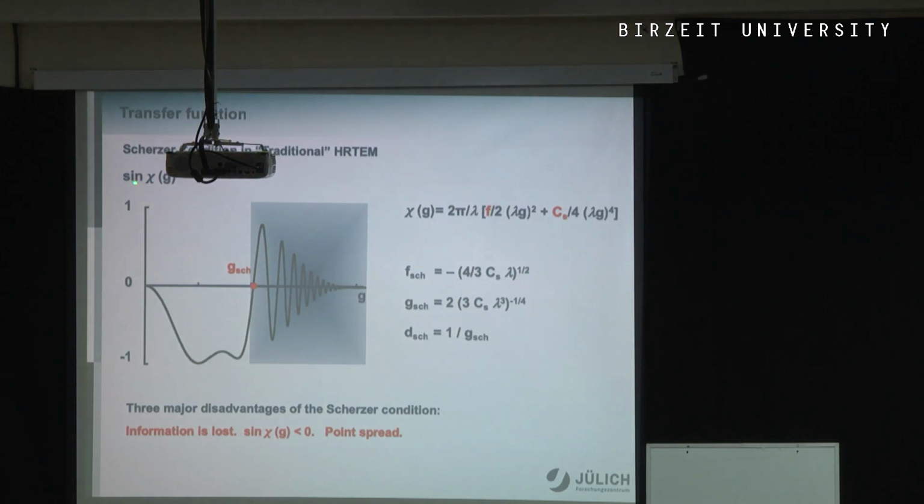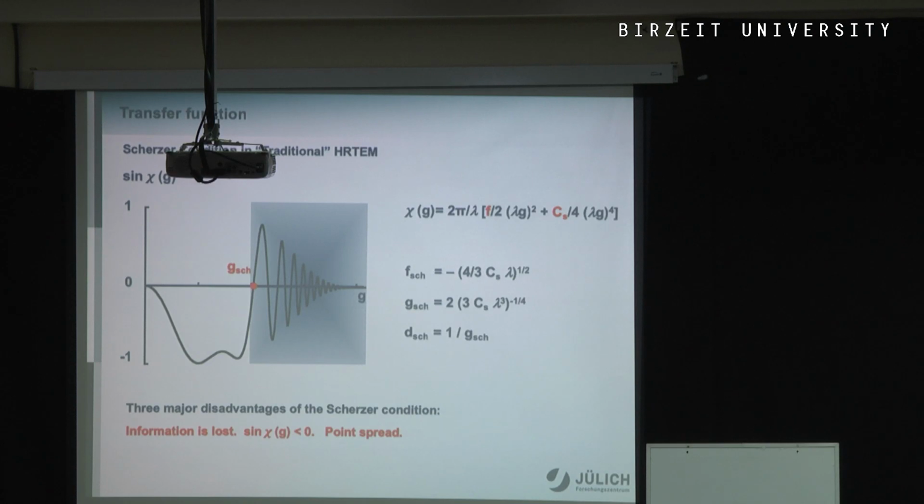If you plot the sine of the aberration function, it will vary as you change the defocus of your objective lens. This is a parameter you normally have control over. The spherical aberration coefficient of the objective lens is a parameter which you normally have no control over.